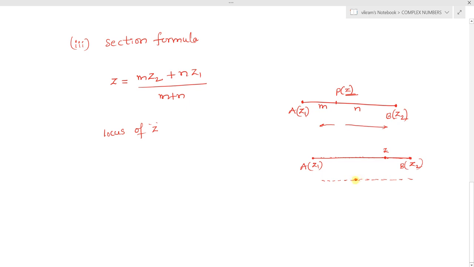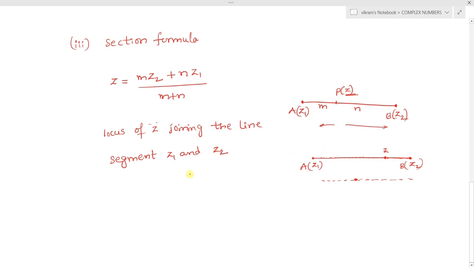That means the locus of Z is the line segment joining Z1 and Z2.